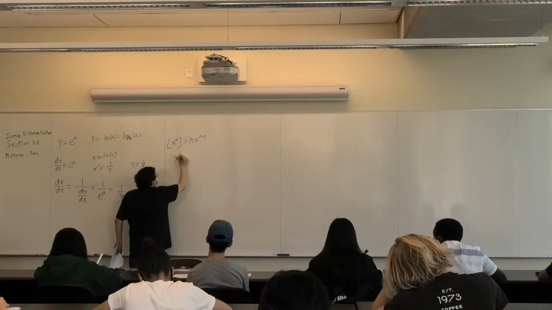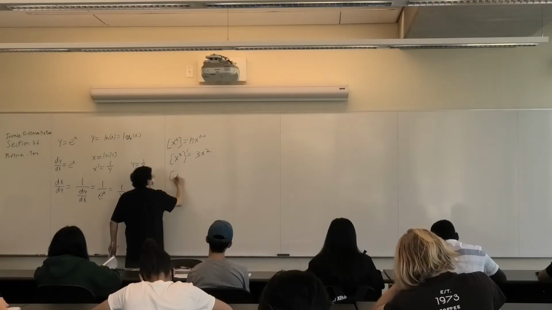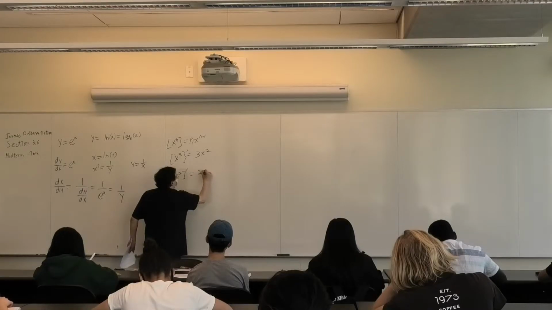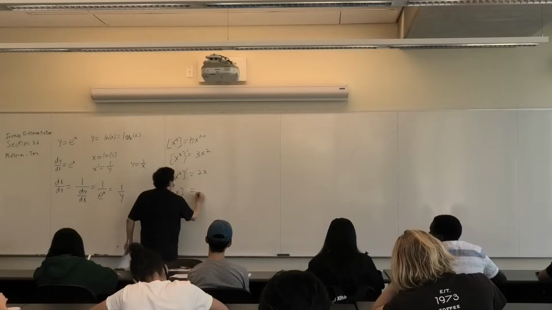So, derivative of x cubed is 3x squared. X squared is 2x. Derivative of x is 1.